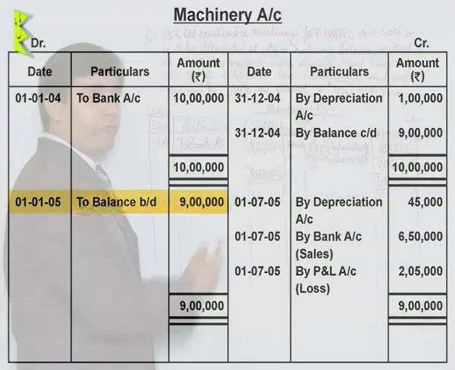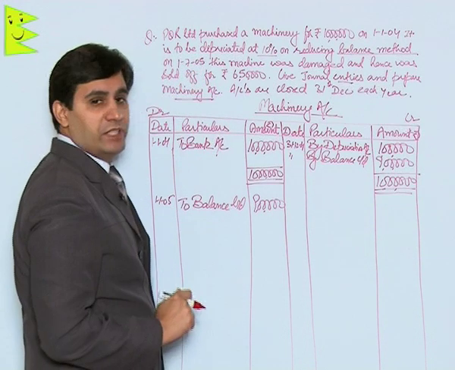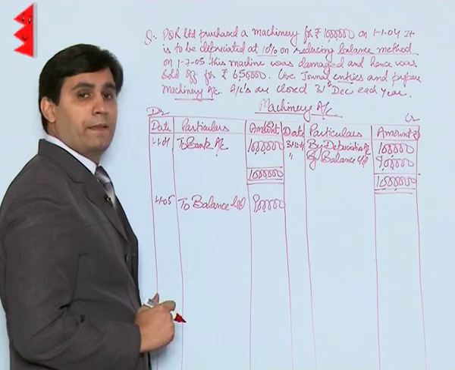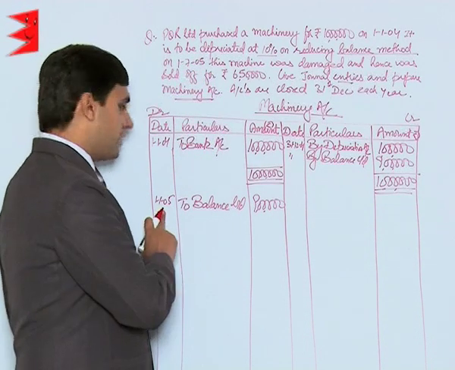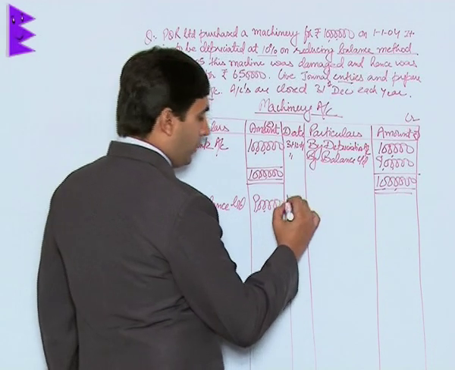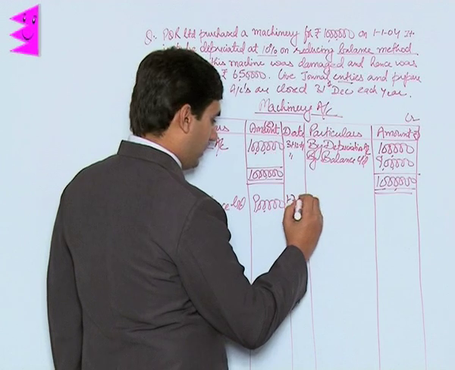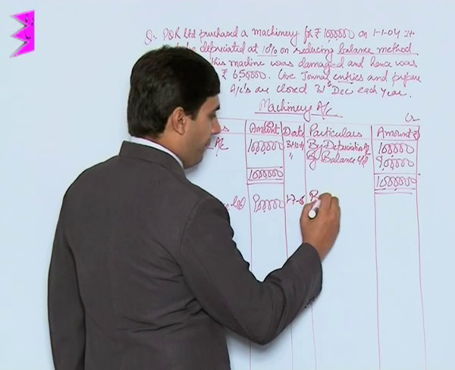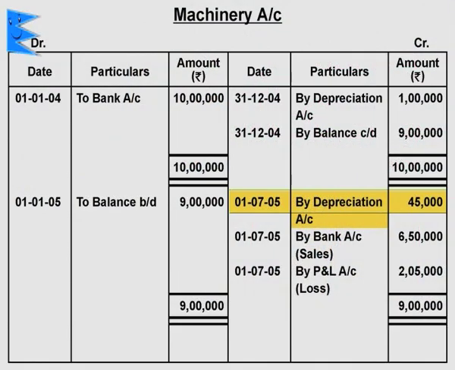In this year, on 1st July 2005, this machine has been sold. That means from 1st January onwards, it has been used for 6 months. So on 1/7/2005, by depreciation, that is 10% of 9 lakh for 6 months.